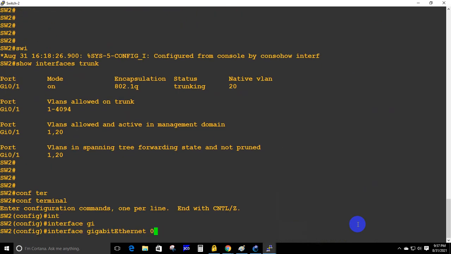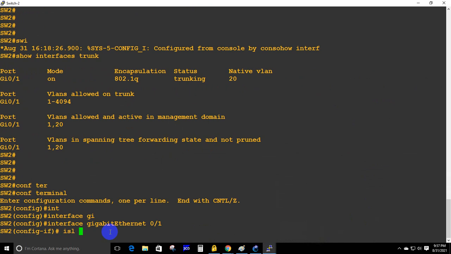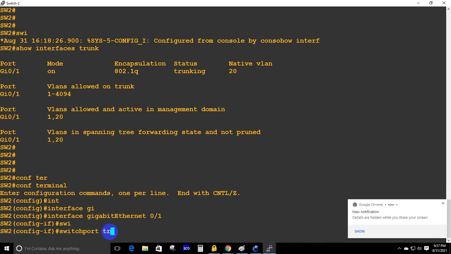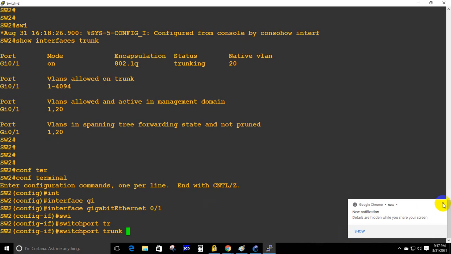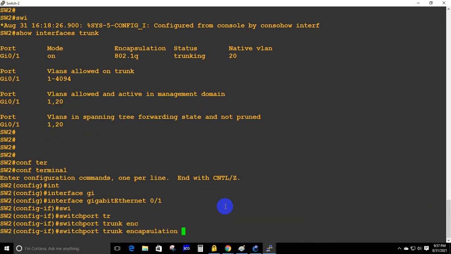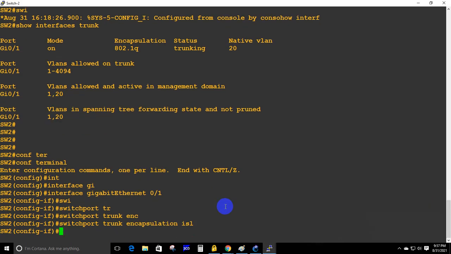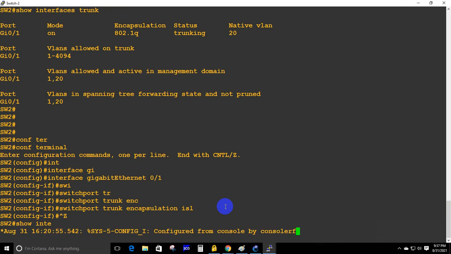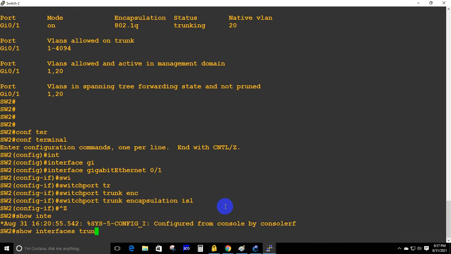Make it on switch 2 also. Interface GigabitEthernet 0/1, switchport trunk encapsulation ISL. Show interfaces trunk.